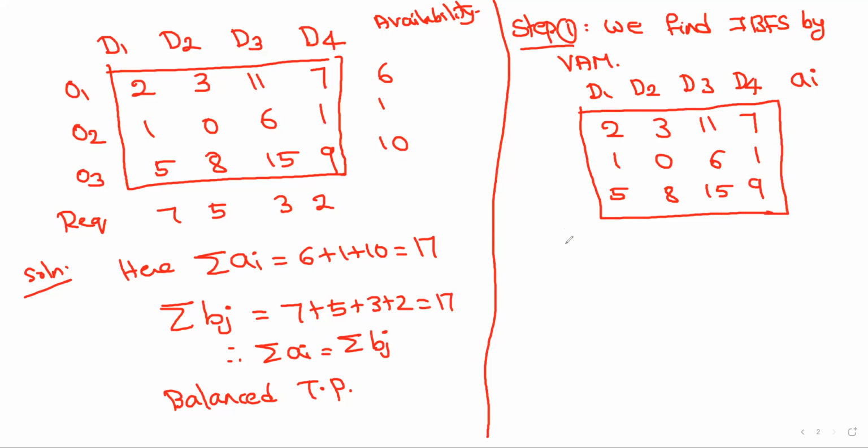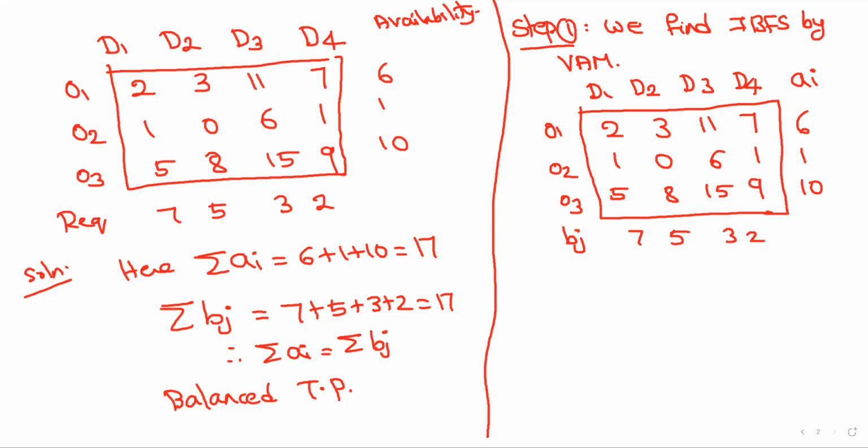Ai, Bj, O1, O2, O3. 6, 1, 10, and 7, 5, 3, 2.